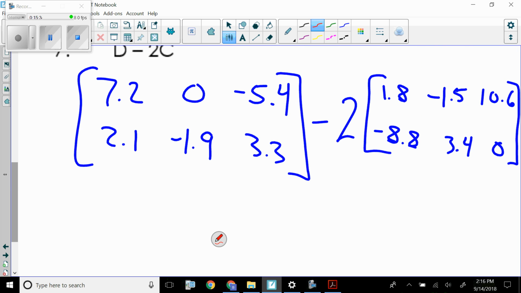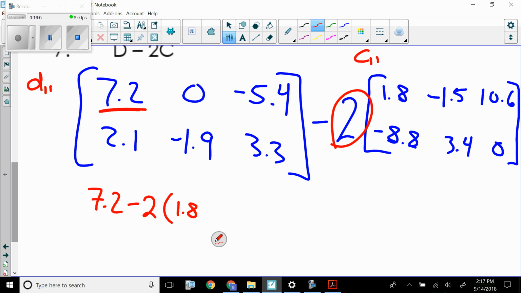Here, I can actually do it all at once. If I just look at, okay, this is my first element, first row, first column. So this technically would be D sub 1,1. I need to take that, which is 7.2, and I need to subtract, minus 2, my scalar, times C sub 1,1, which would be, in this case, 1.8.